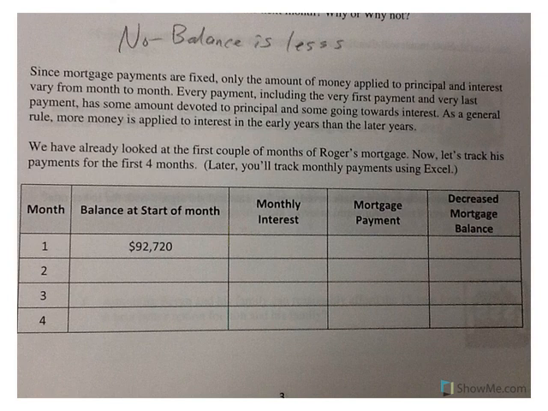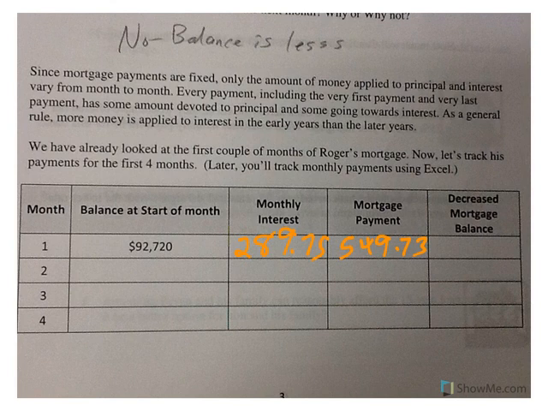All right, at the bottom of page 191, you see this chart. This table is a lot like what we did in the credit card. I'm going to do the first line for you because we've already done that in the questions above, and then I'm going to have you fill out the rest of it. So we found the monthly interest to be $289.75. And we know that the mortgage payment is $549.73.